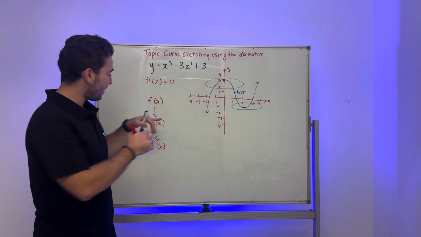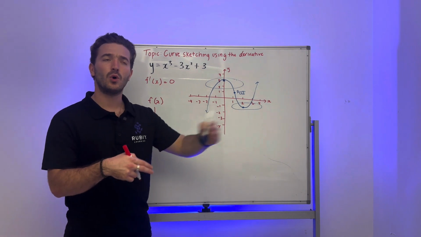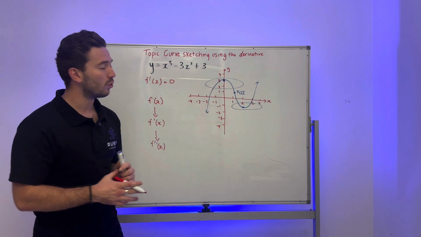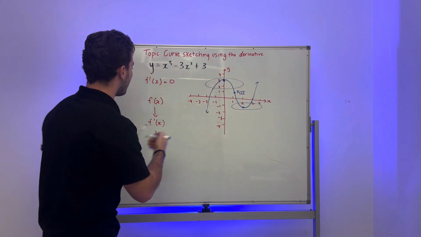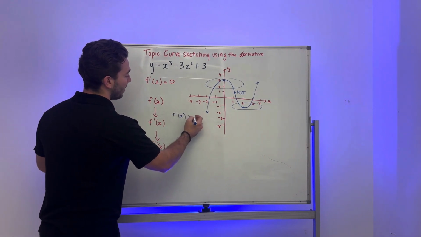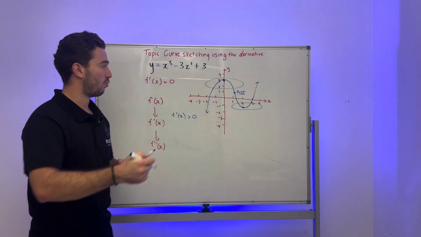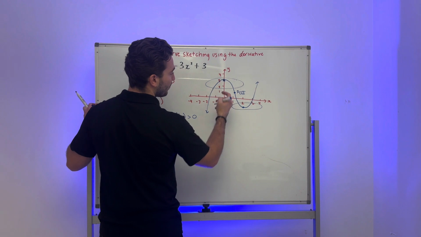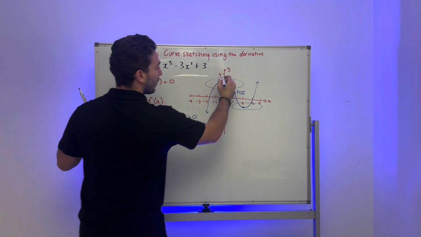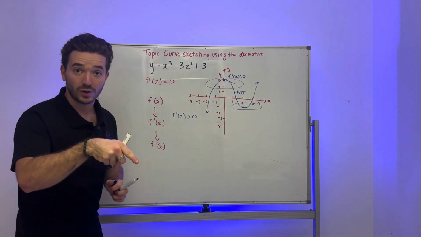So if this is increasing or decreasing, are we increasing at an increasing rate or are we increasing at a decreasing rate? Now I know that just sounds like a bunch of words, so let's look at the graph. We know that a function is increasing when f dash x is greater than 0. So when we have a positive gradient, we know the function is increasing. So why don't we look at this point here, we've got a negative gradient. So I know at this point here, I've got negative gradient, so my function is decreasing.